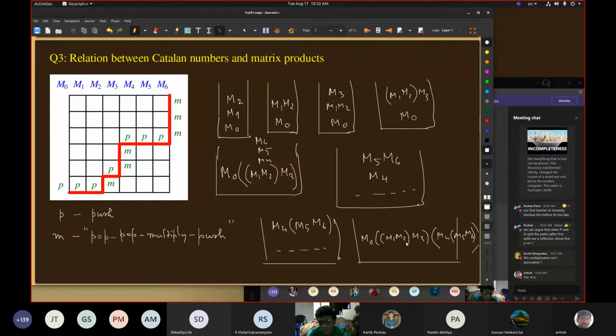So this is a computational way, or this will give you a sequence of multiplications. Of course, you may first multiply M0 with M1 and then with M2 and then with M3 and then with M4 and so on. By associativity, you will get the same product. That is true. But this explicit parenthesization actually tells you how you compute the product.